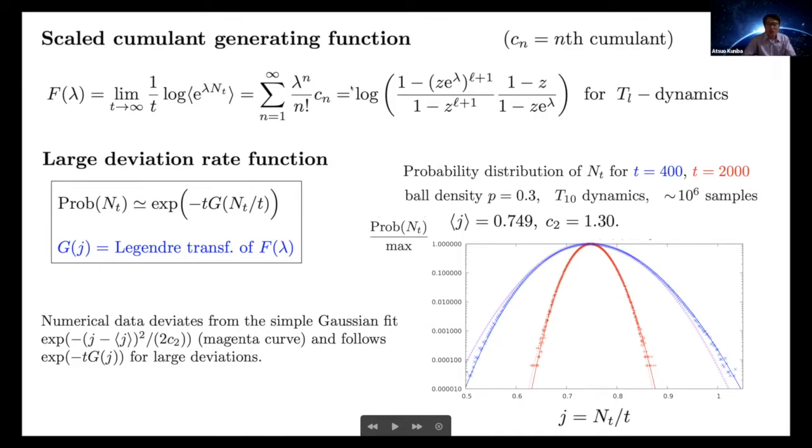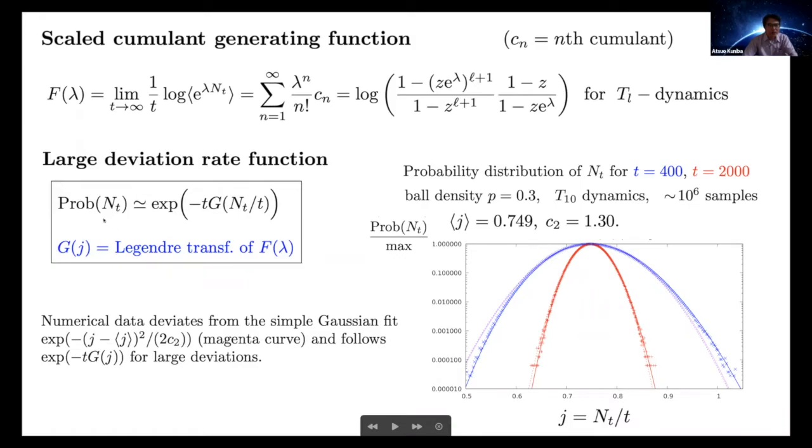It's pretty simple and a pretty expression. And yeah, this is one result, but to compare with the experiment or simulation, maybe it's a good idea to further proceed to the large deviation rate function. So that's the Legendre transformation of F of lambda, which I call G of j.